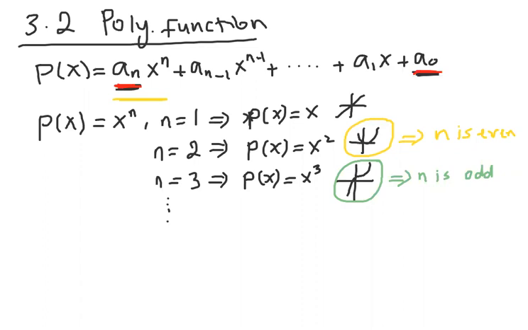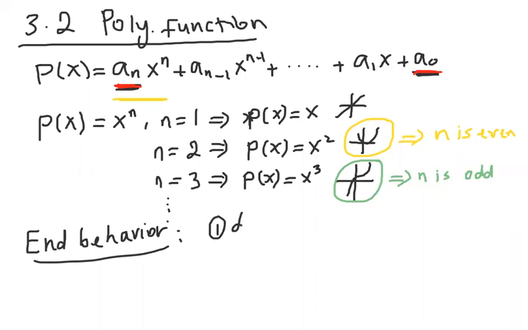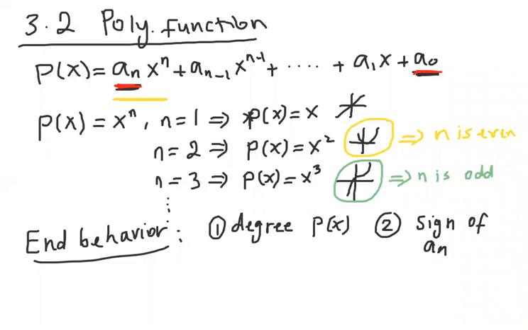I said the end behavior is determined by, first, the degree n of the polynomial p of x, and also it depends on the sign of the leading coefficient a_n.